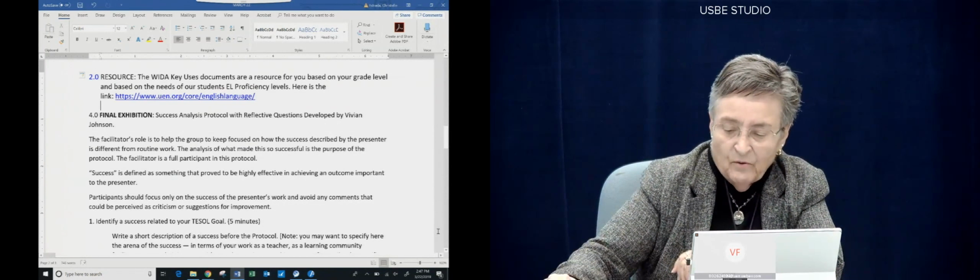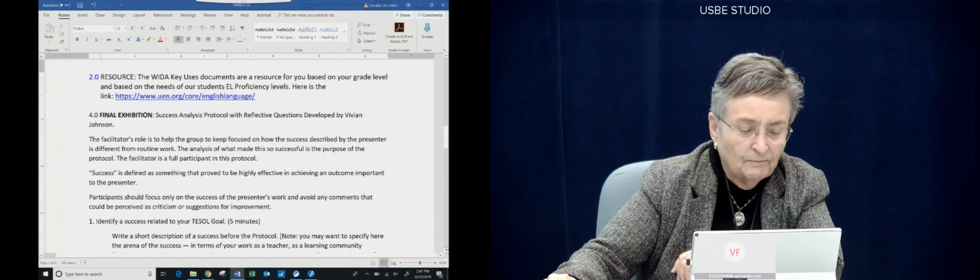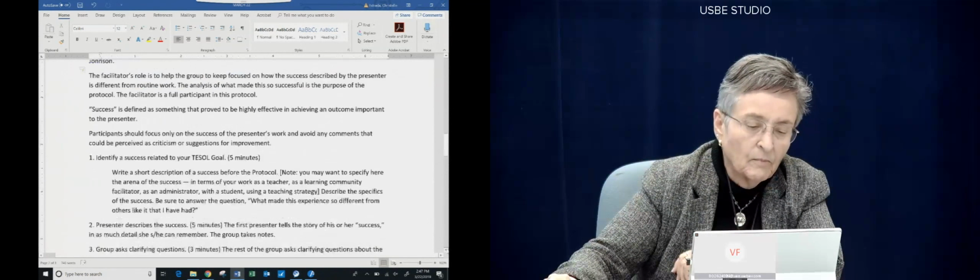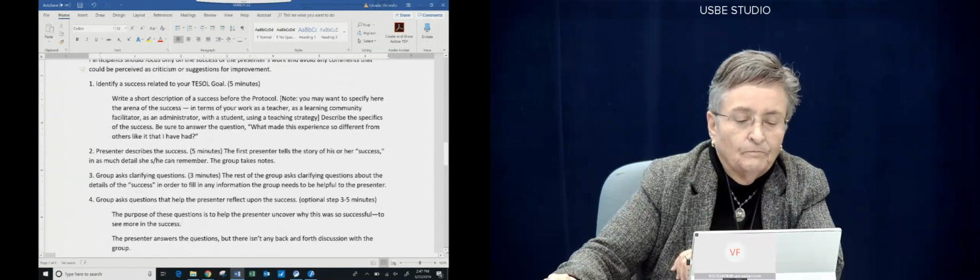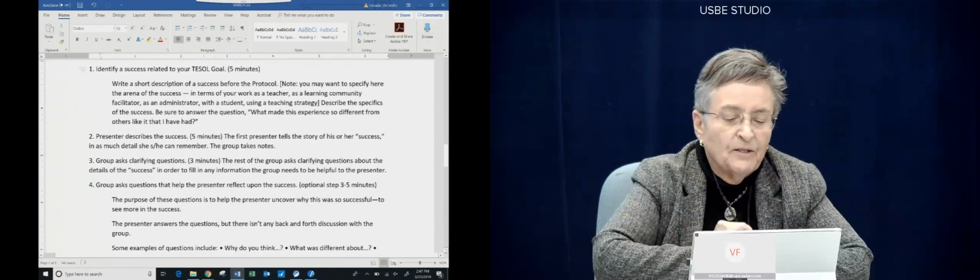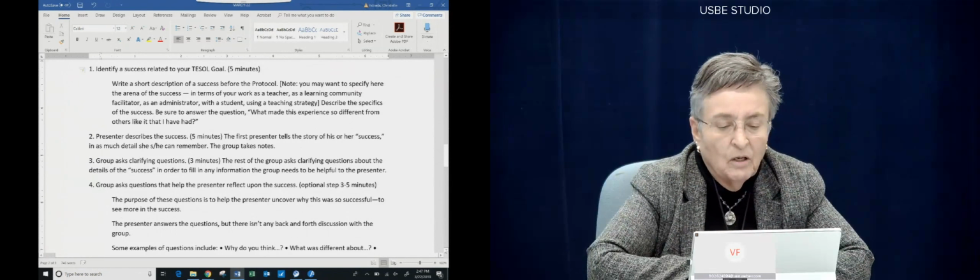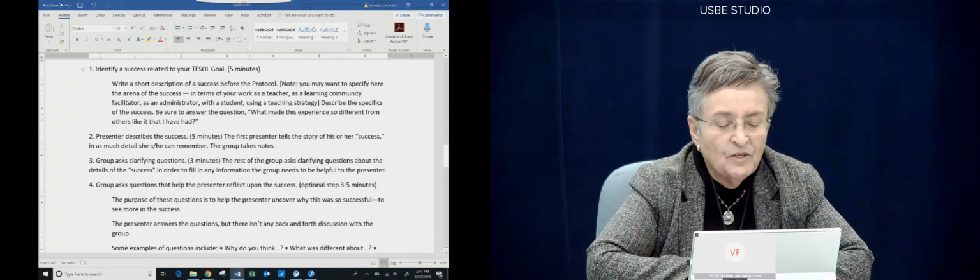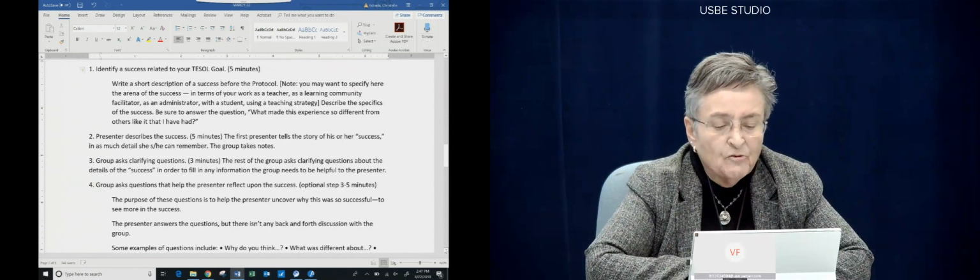And so if you look at the way the protocol goes, you identify a success related to your TESOL goal. That's 5 minutes. And the way you do this is to get prepared for the protocol. You actually write a short description of a success before the protocol.